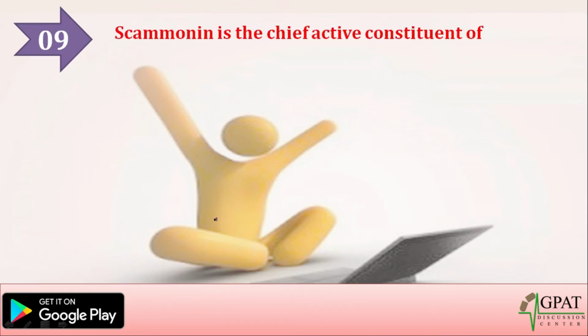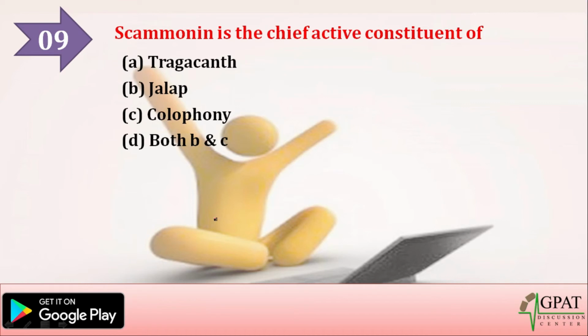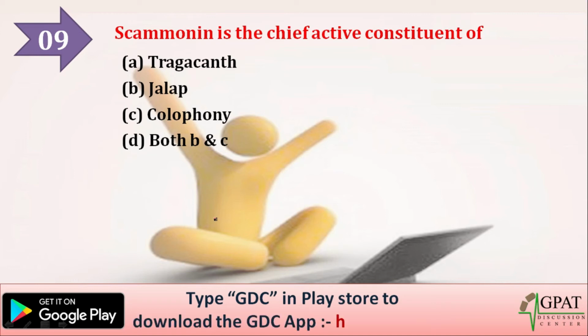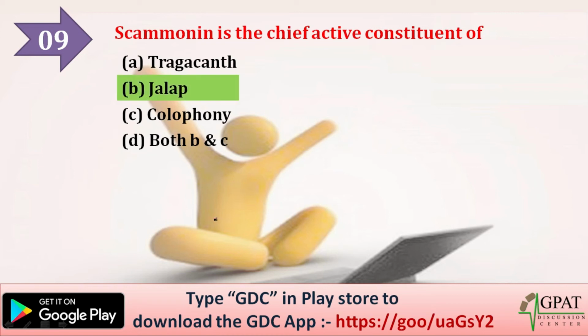Scammonin is the chief active constituent of, and the options are option A tragacanth, option B jalap, option C colophony, and option D both B and C. So scammonin is the chief active constituent of jalap.